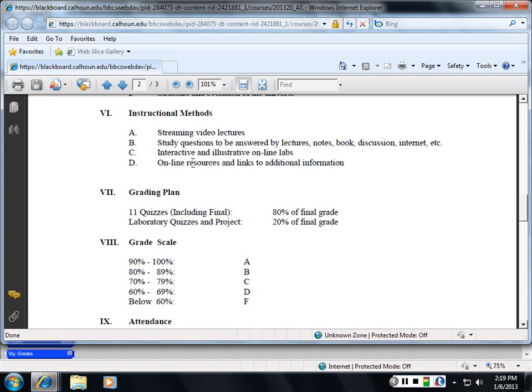There will also be interactive and illustrative online labs. All the labs will be online, except, in a sense, the Moon Project, which is worth 2 labs. And the Moon Project you will do outside your house or your location to take data on the moon.